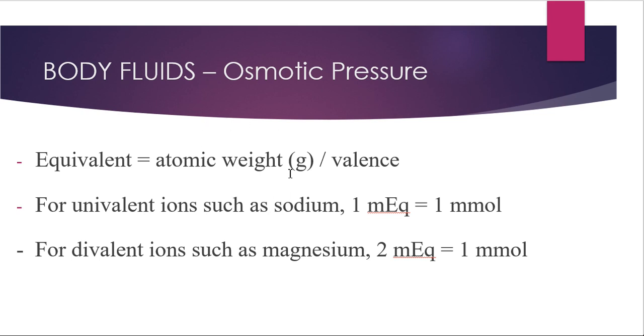So atomic weight expressed in grams, this valency will go to the left hand side of the equation, and it will be multiplied by 1 equivalent into valency, that is 2. 2 milliequivalents is equal to 1 millimole for divalent ions, right?